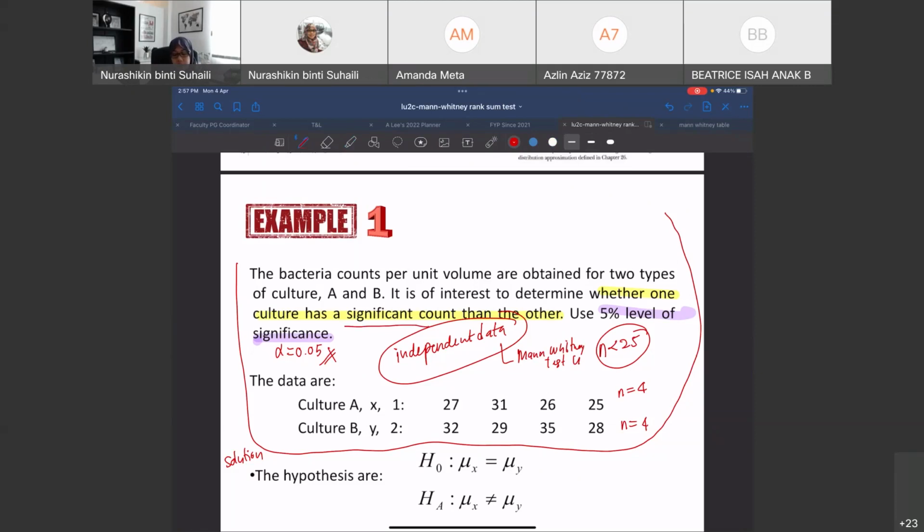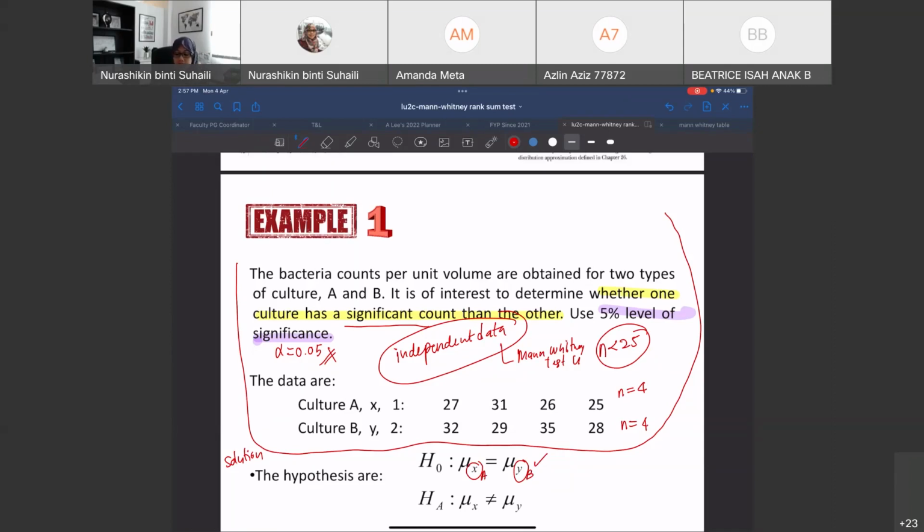So the first step is to set the hypothesis. You have to label this correctly based on the data and the problem. You can also put A and B, or X and Y, because this is defined directly there.